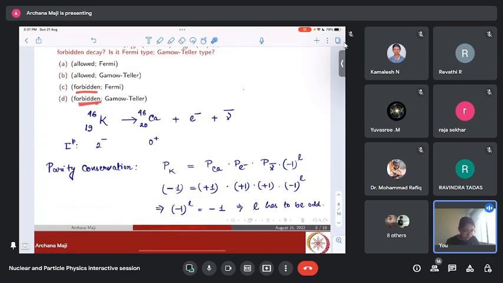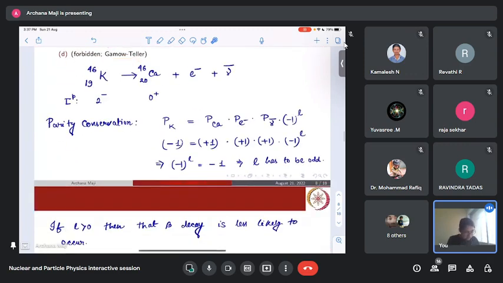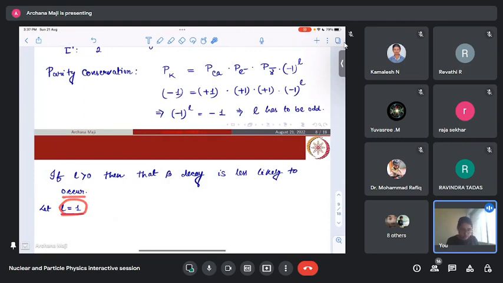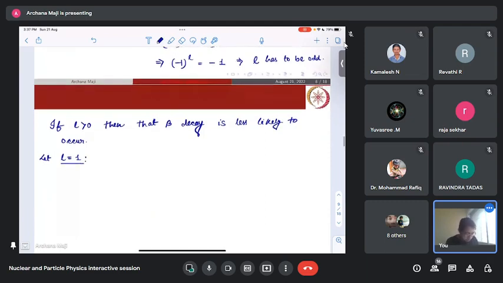Now we want to answer whether the decay is Fermi type or Gamow-Teller type. Any one among these two options will be correct, but we need to understand which. Since L greater than 0 decays are less likely to occur, we will start with L equal to 1 and see whether it is Fermi type or Gamow-Teller type.